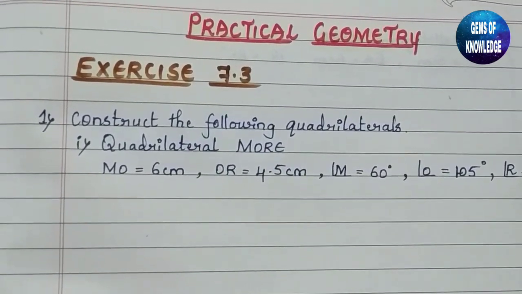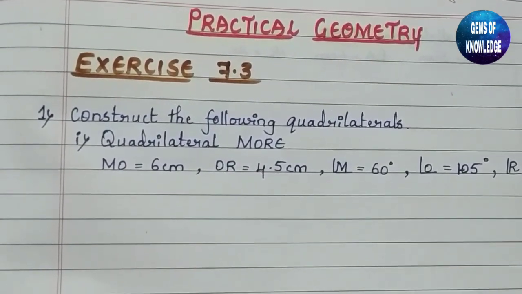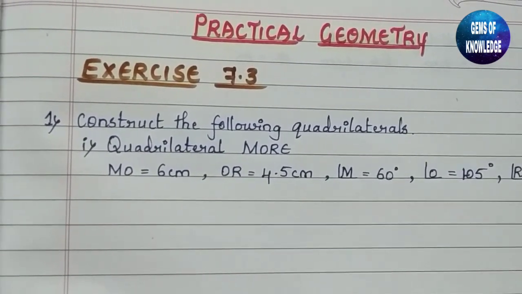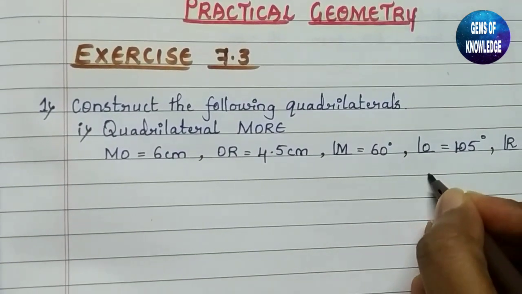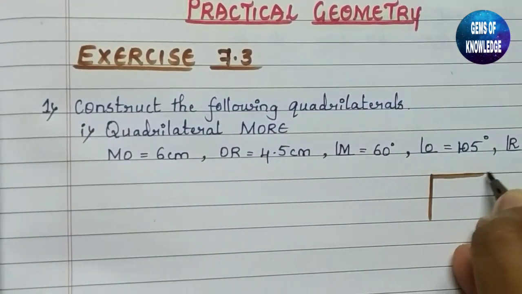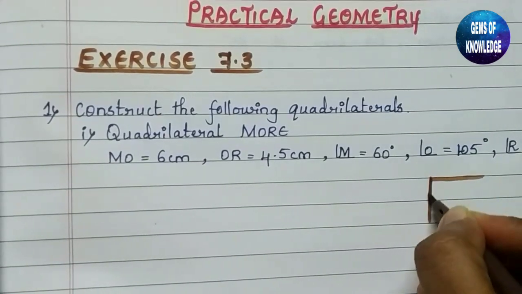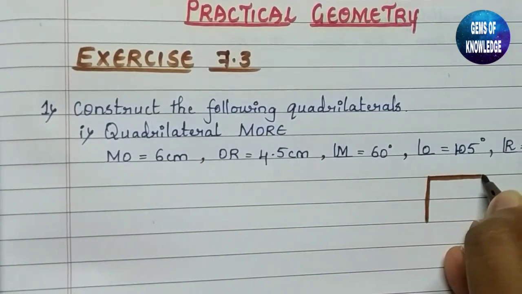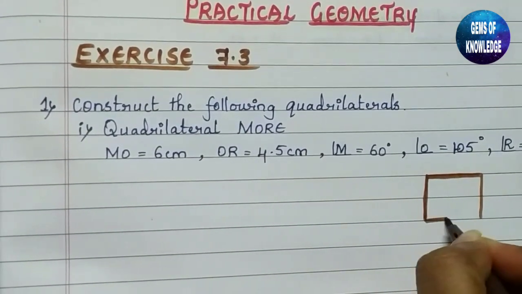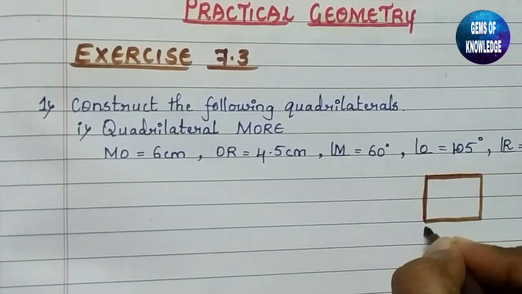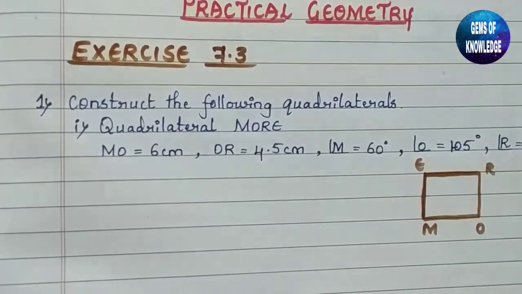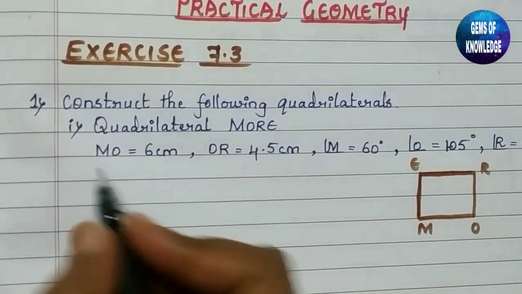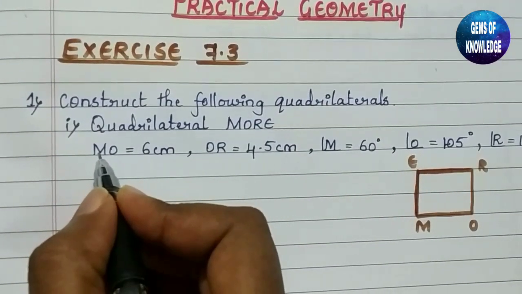So before constructing this, let us construct a basic rough diagram, which will be like this. So this is MORE. Let us write all the details which have been given here.